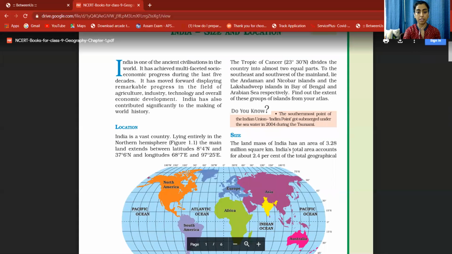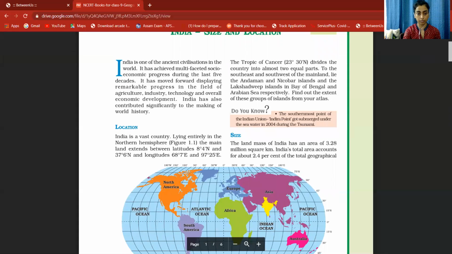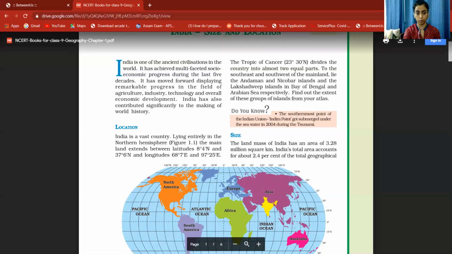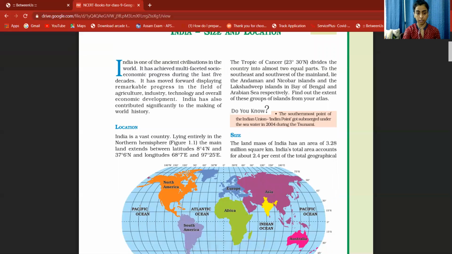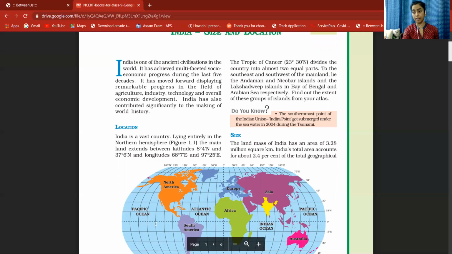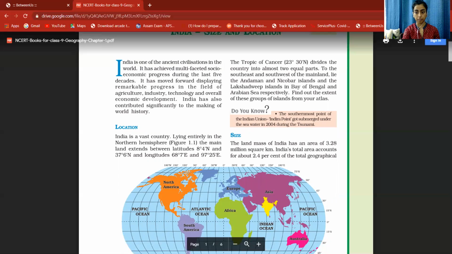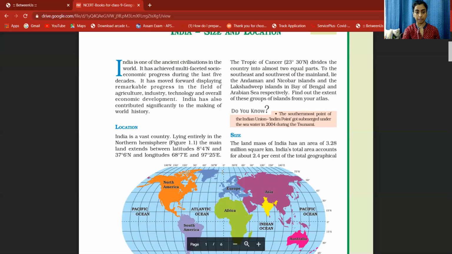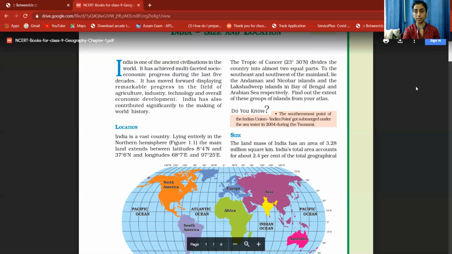In this image here, you can see there are so many lines on the globe. From east to west, these are the latitudes, and these dotted lines are the equator and the prime meridian.